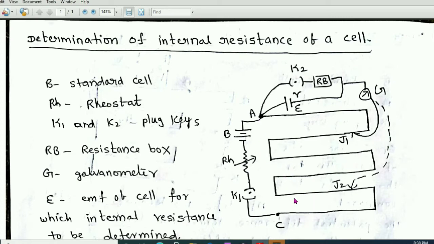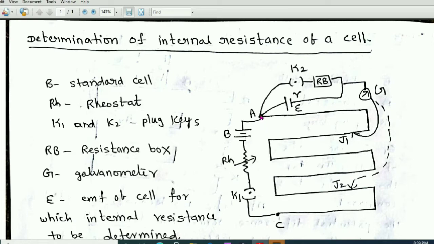Already we have discussed that the potentiometer consists of a long uniform wire which is cut into pieces and arranged side by side, and the ends of the wire pieces are connected to thick metal strips. A scale is attached parallel to the length of the wire to find the balancing length.